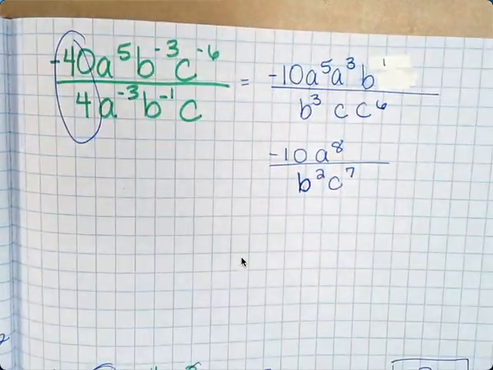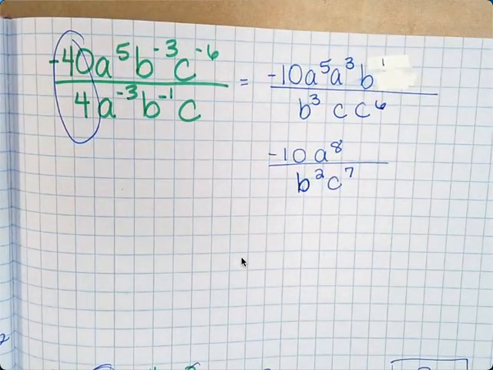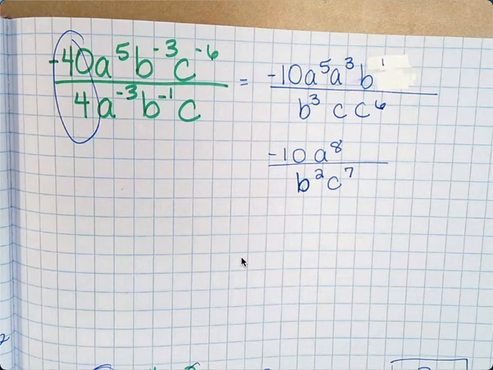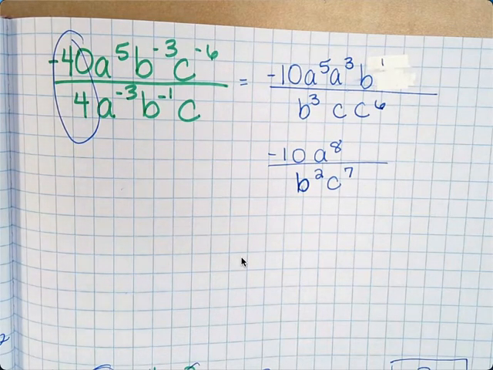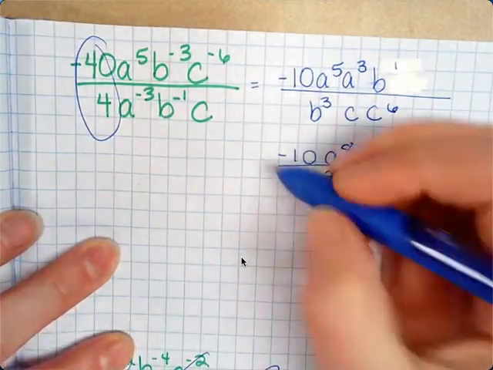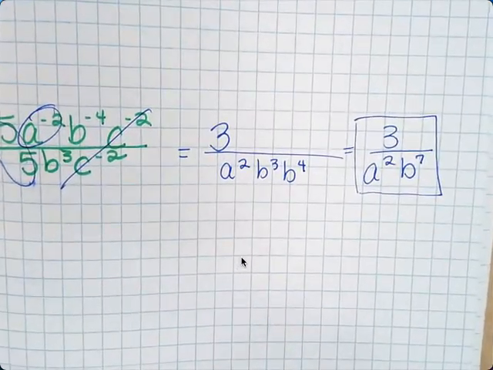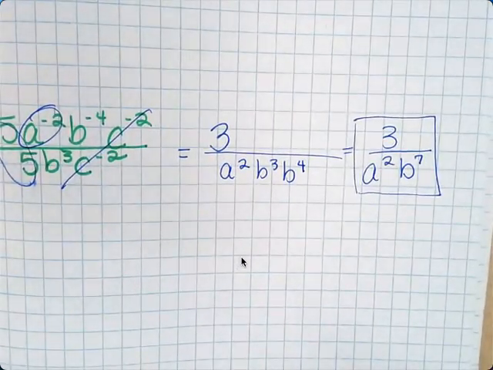So the final answer is -10 a to the 8 over b squared c to the 7th. Thumbs up if you agree. Okay, good. Then the next one, 3 over a squared b to the 7th. Thumbs up if you agree.